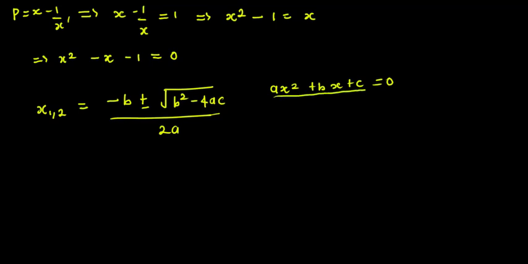So comparing this with this, we see that our a is 1, our b is equal to -1, and our c is equal to -1.